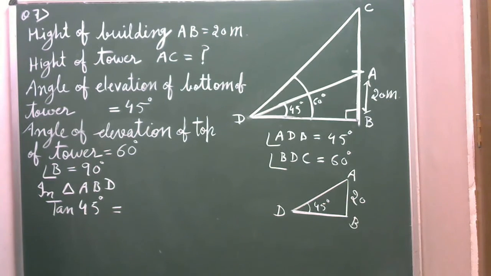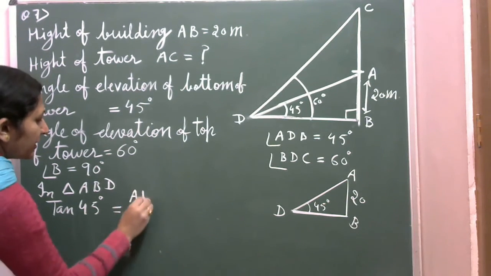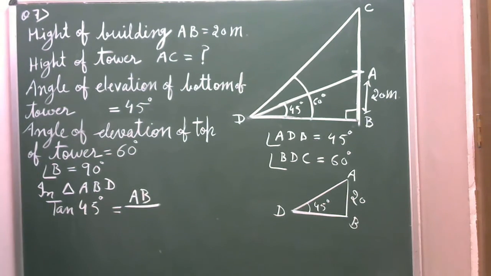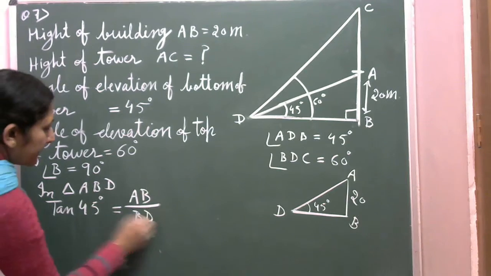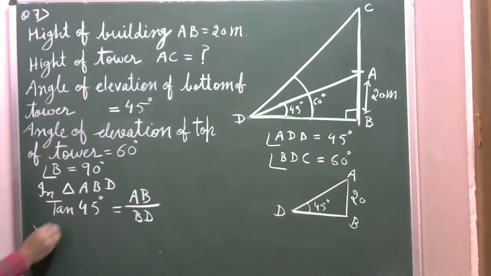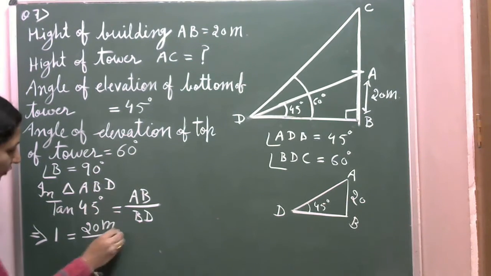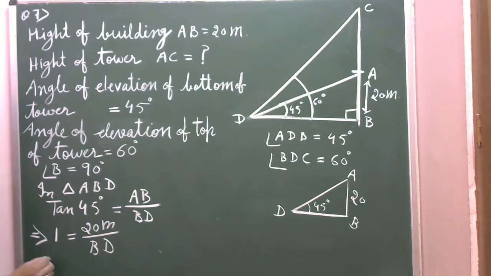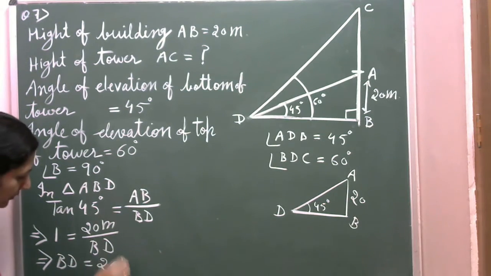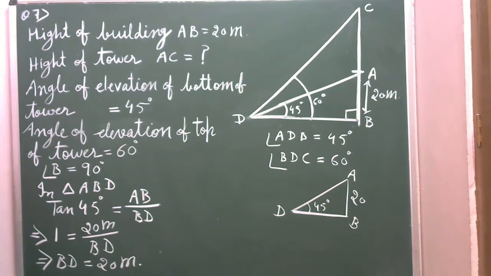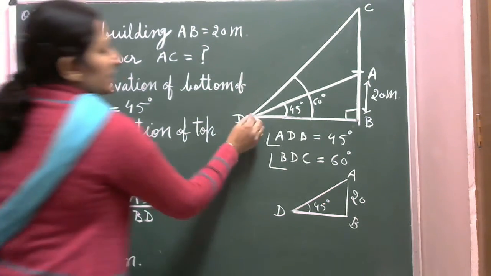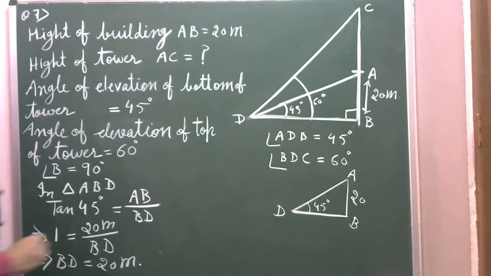So tangent of 45 will be AB, that is perpendicular over base BD. Tangent 45 is 1, equal to the value of AB, 20 meter, over BD. So from here we can say BD is equal to 20 meter, and what is BD? It is the base. You got this.